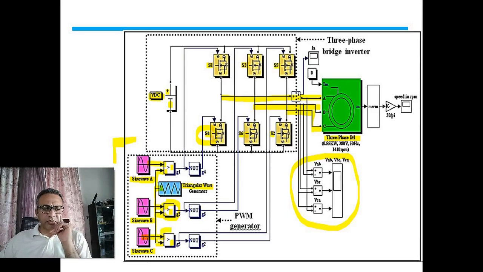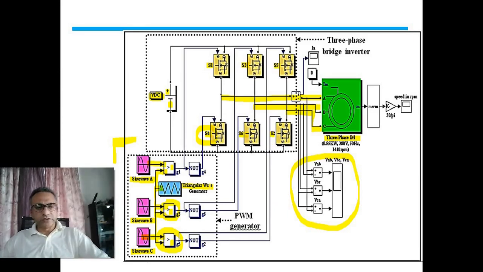The comparator output is given straight to the gate of switch S5, and it is also given to the NOT gate, and after the NOT gate we can control switch S2.